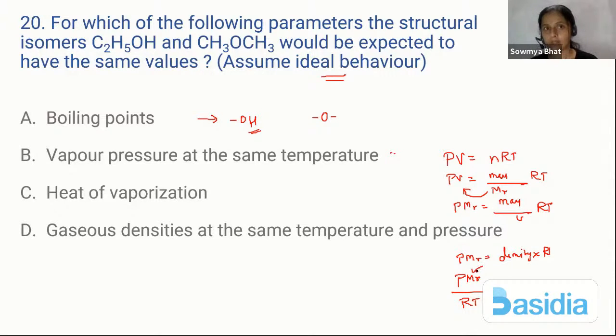Since MW is same, you're going to consider them under the same pressure and temperature conditions, and the R, that's the gas constant, is same. And the molecular mass, since they are structural isomers, they have the same formula, the molar mass will be same. So they can have the gaseous densities which are same. So the option D would be the right answer.